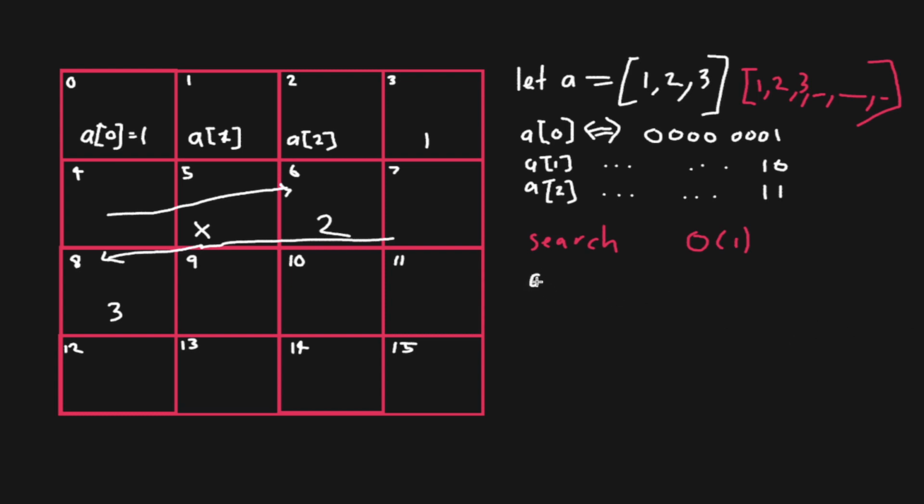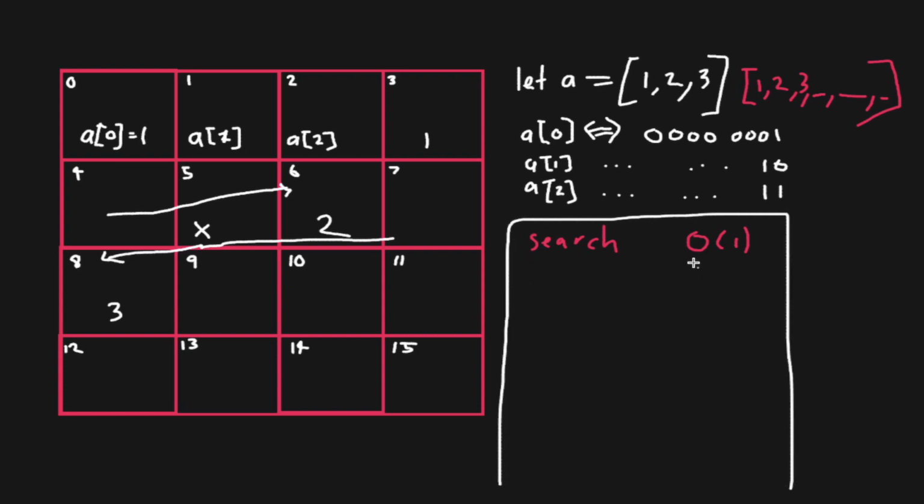So let's put a table here where the left column is the action and the right column is the complexity, and specifically the time complexity. So we're going to have a few of these.